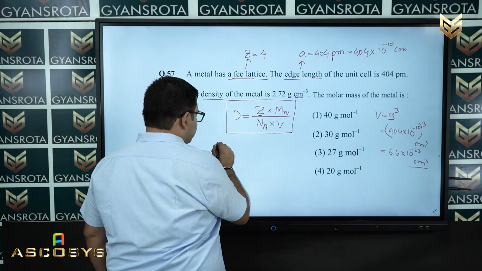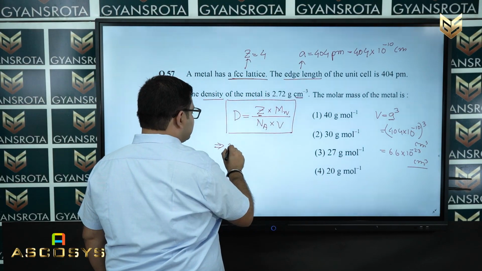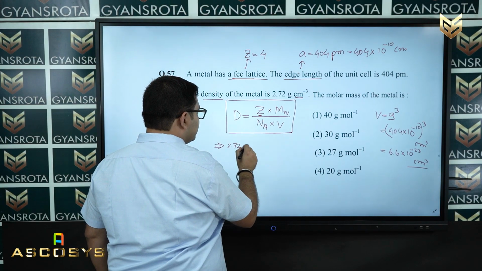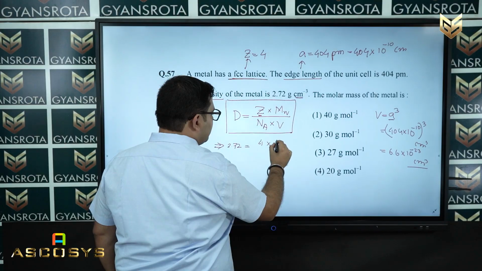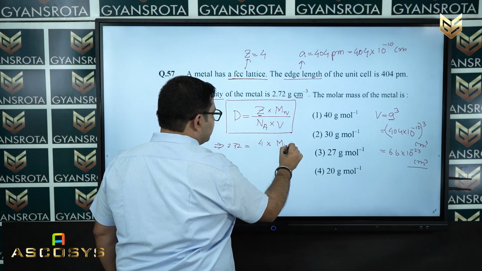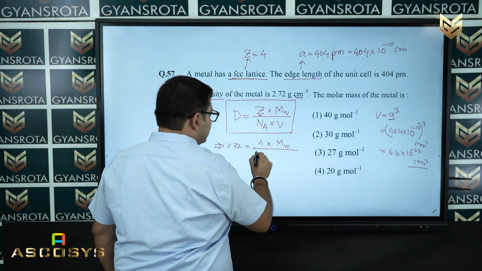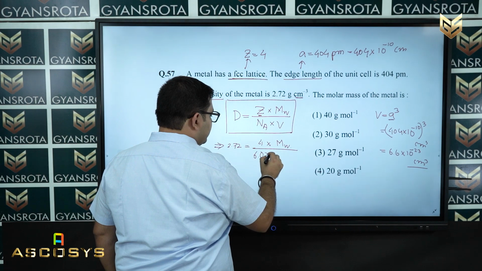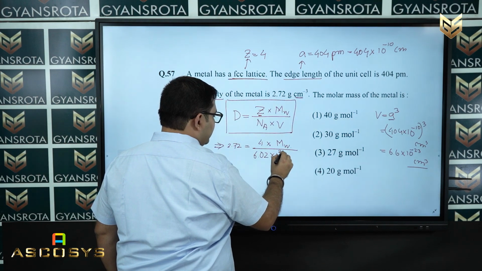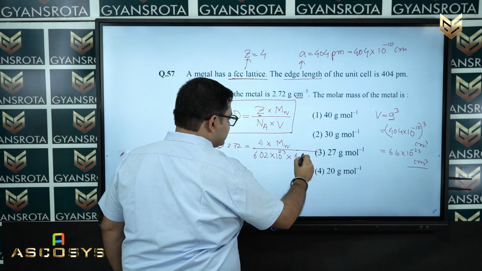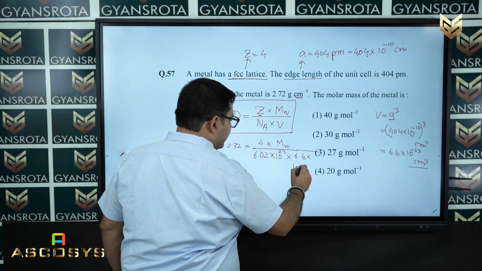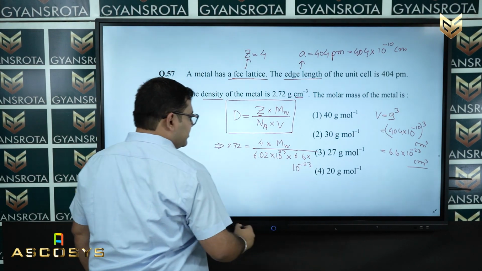Now the d value is given as 2.72, Z value is given as 4, and Mw we have to calculate. Na is 6.02 into 10 to the power 23, and V is 6.6 into 10 to the power minus 23.